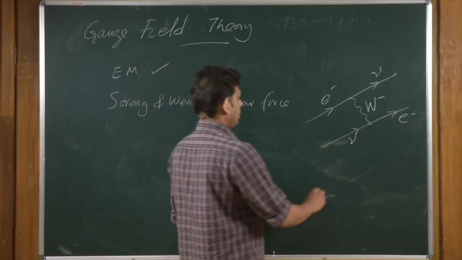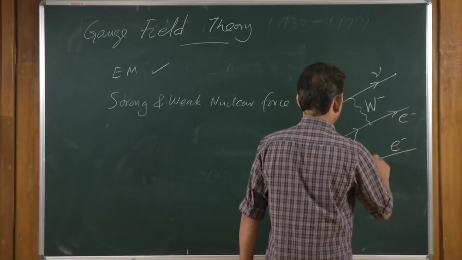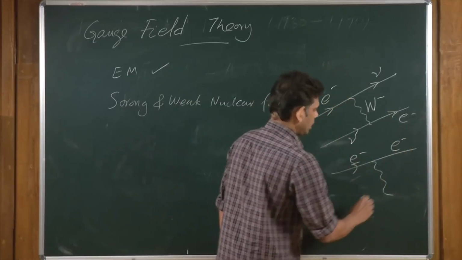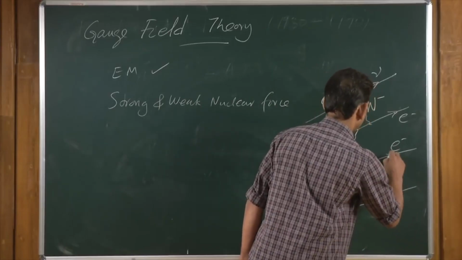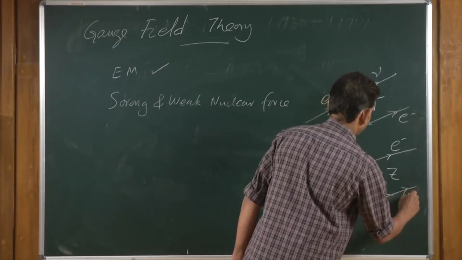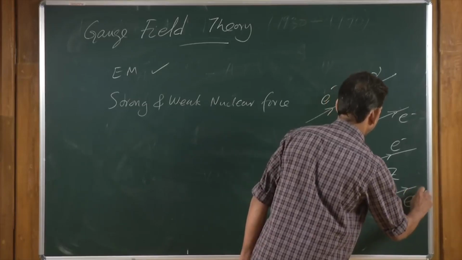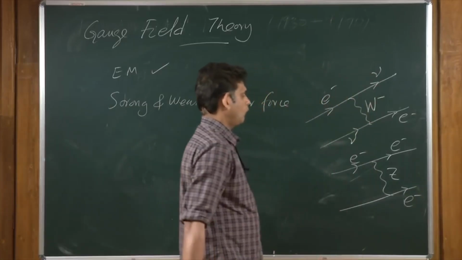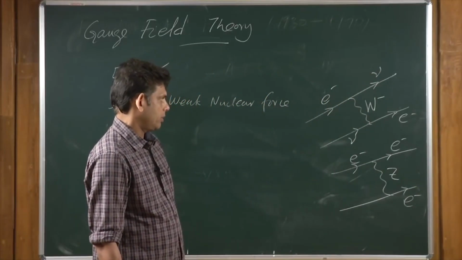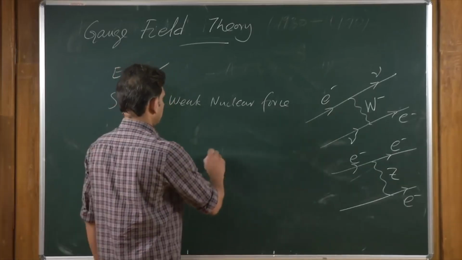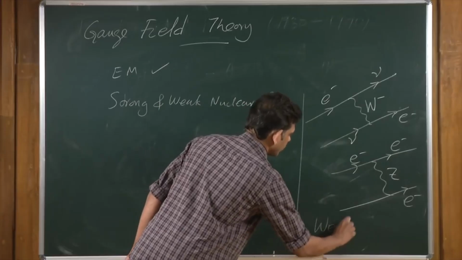There could also be electron and electron, electron going as an electron, but then interacting. This is very similar to the photon now. Neutral, electrically neutral. And strong nuclear force, this is the story with weak force.